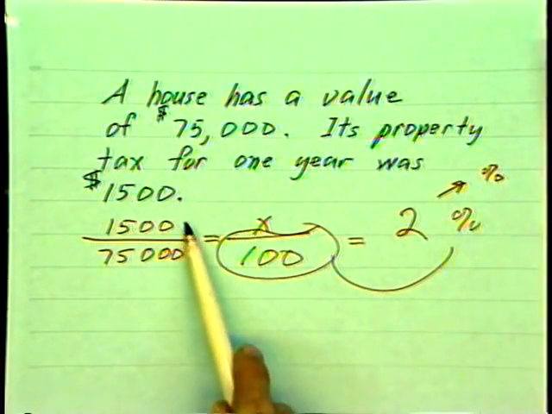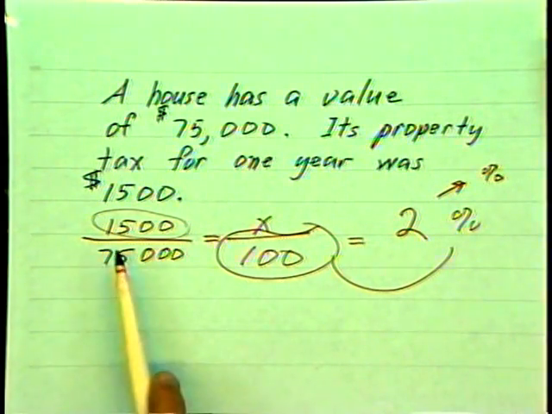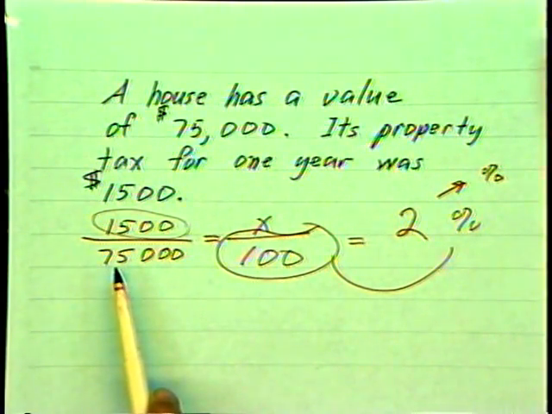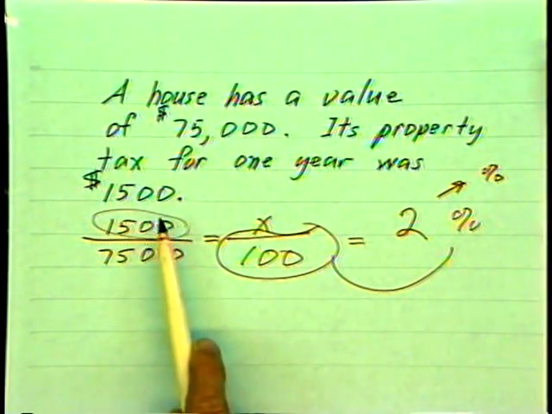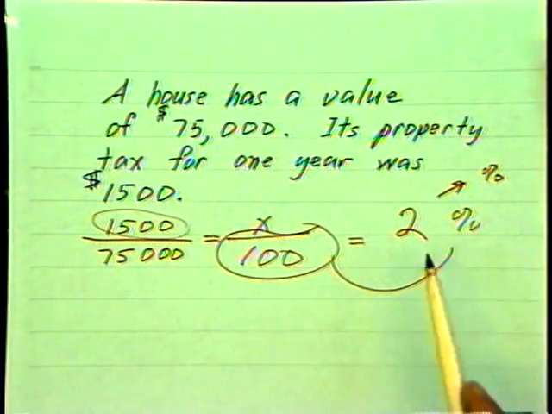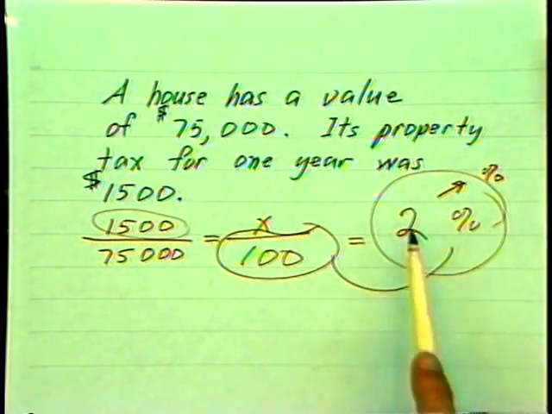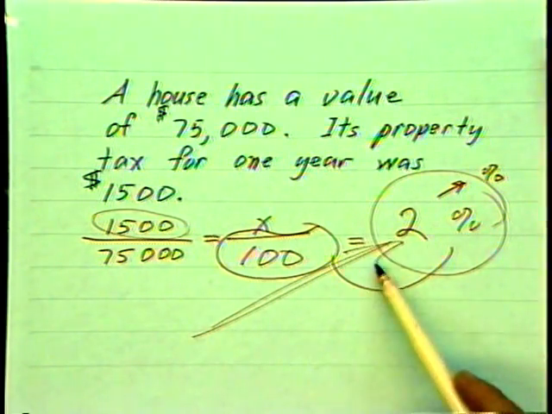Now, this value will change for all of your neighbors because their property evaluation will be different, house per house. But if you construct all the ratios of their taxes per house evaluation, they should all come to the same 2% if they are being taxed equitably.